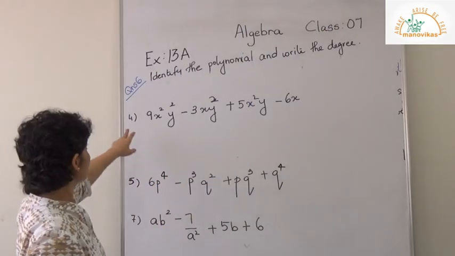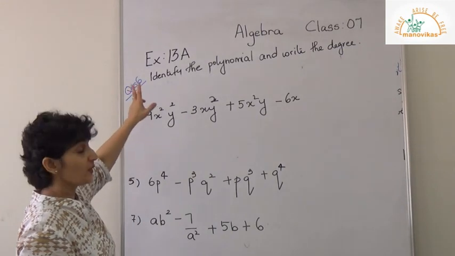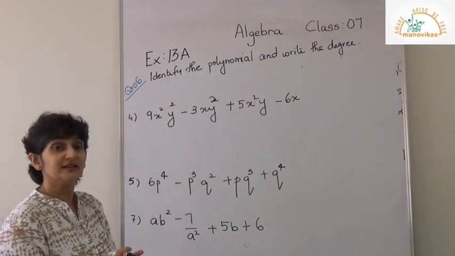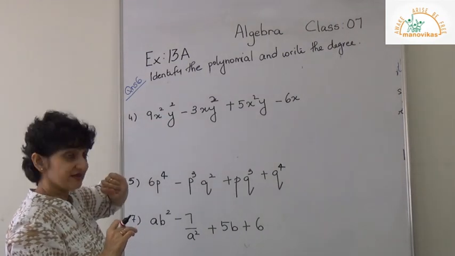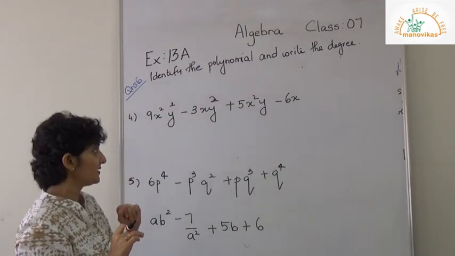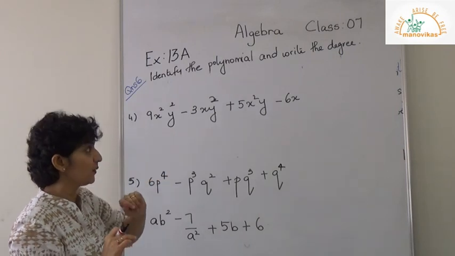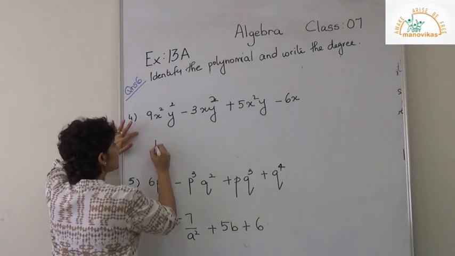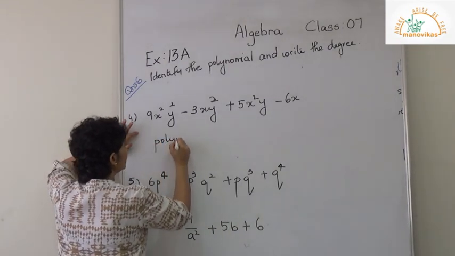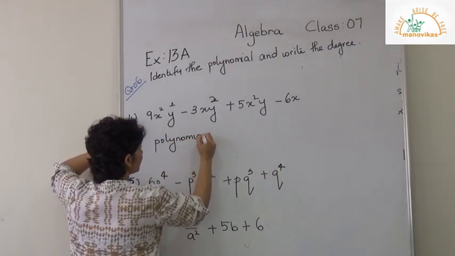The sum 4 from question 6. Same thing. Identify the polynomial and write the degree. So I have 9x squared y squared minus 3xy squared plus 5x squared y minus 6x. Now you know this is a polynomial, right?